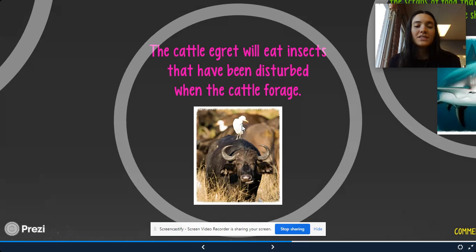On this one, this is commensalism because the bird is getting to eat these insects. It's also getting protection. But the cattle is unaffected, so it's not getting harmed or benefiting, so it would be commensalism.